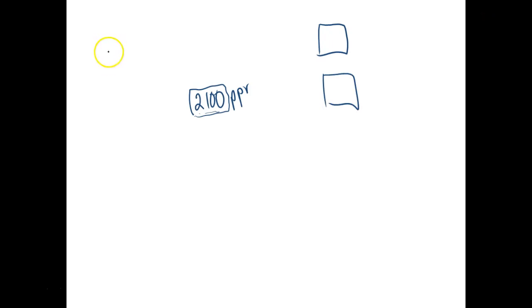Actually, the encoder only gives us 16, but that's on the encoder. Then we run that through a gearbox. Now when we run it through a gearbox, or a gear train, it can do one of two things. It can increase the speed, but if it increases the speed, it decreases the torque. Everybody understand that?